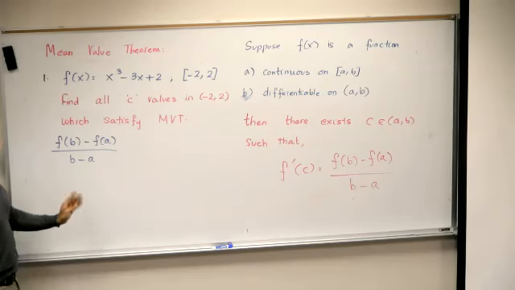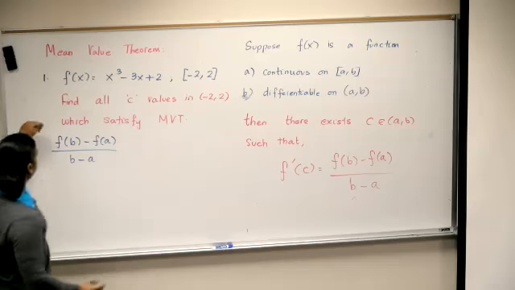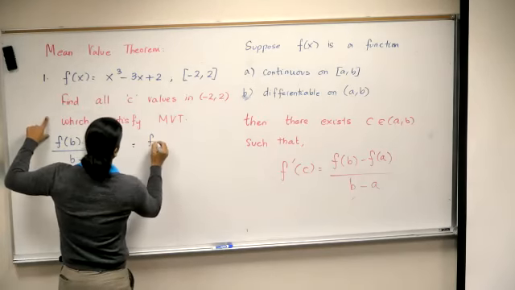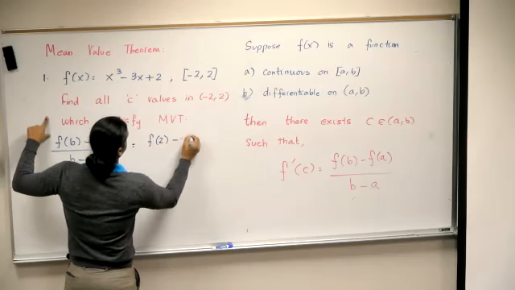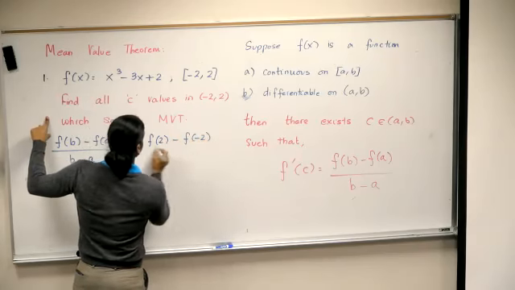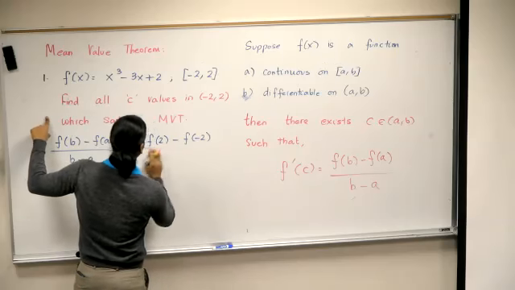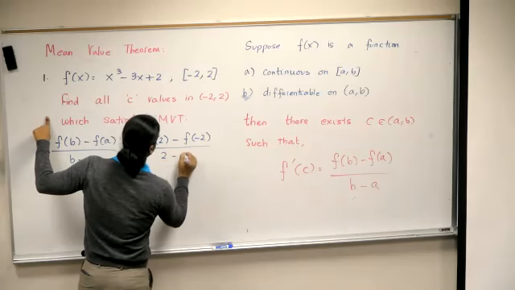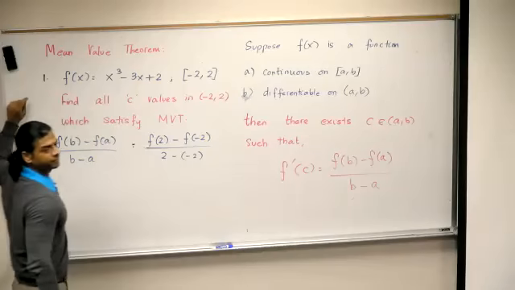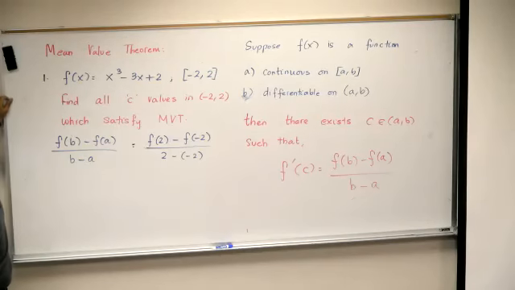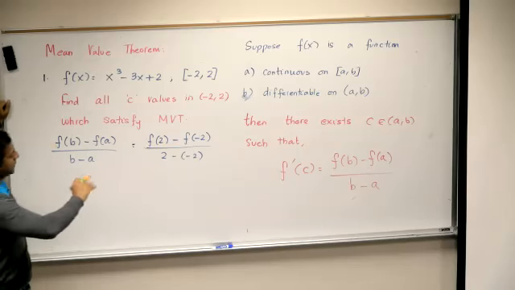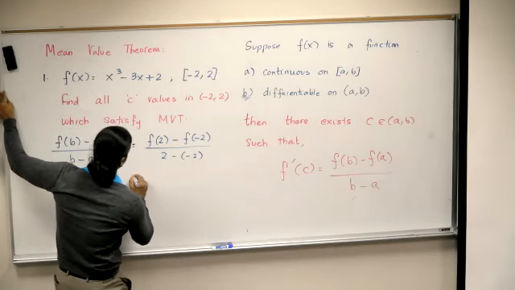I want to know what that value is, so all I have to find is f of 2 minus f of minus 2, divided by 2 minus minus 2.